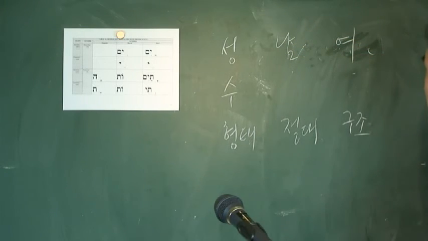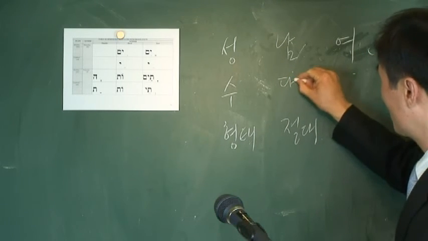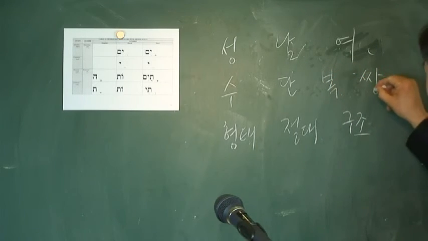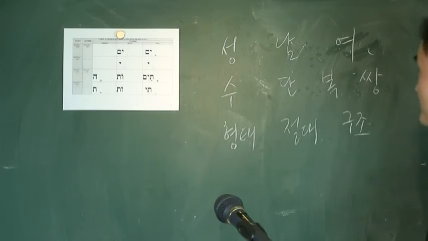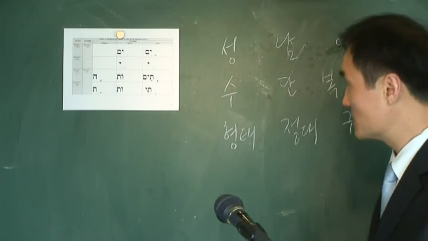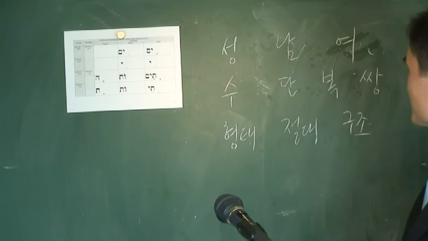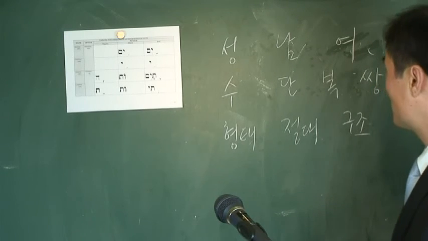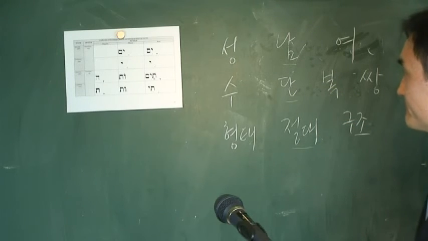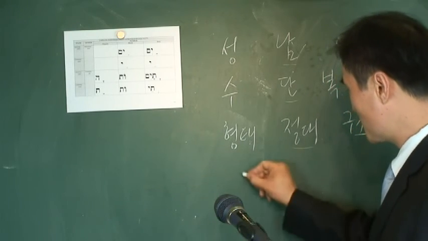The gender of nouns is either masculine or feminine. The number of nouns is singular, plural, or dual. Each form has an ending of a word. First, the masculine, singular, absolute state.